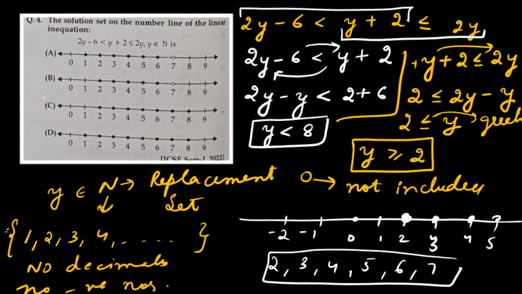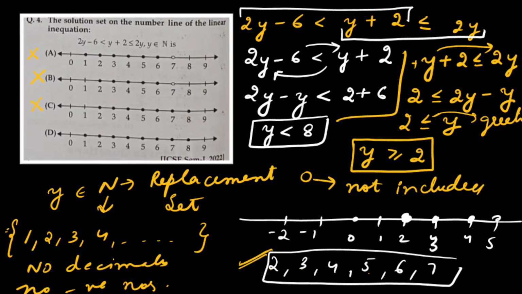So option B is not the correct answer. So you can see where these points are: 2, 3, 4, 5, 6, 7. If you see option C, 2, 3, 4, 5, 6, 7, 8. This is also not there. 8 is included here. This is also not there because 7 is not included. Even 1 is also not there.